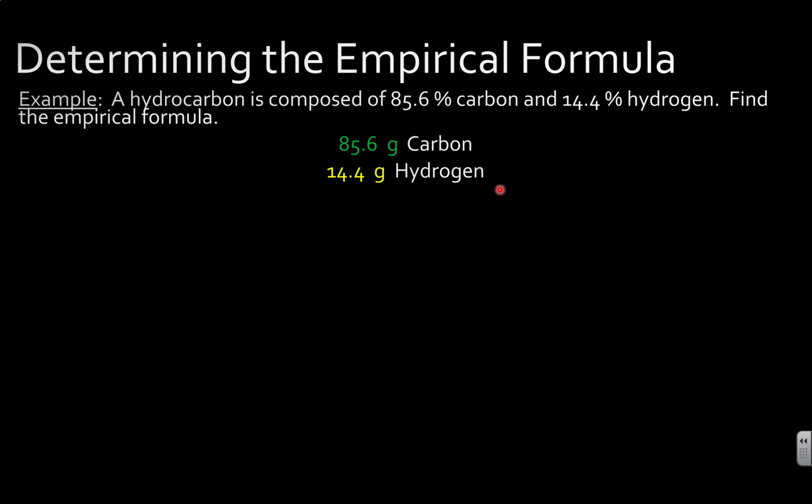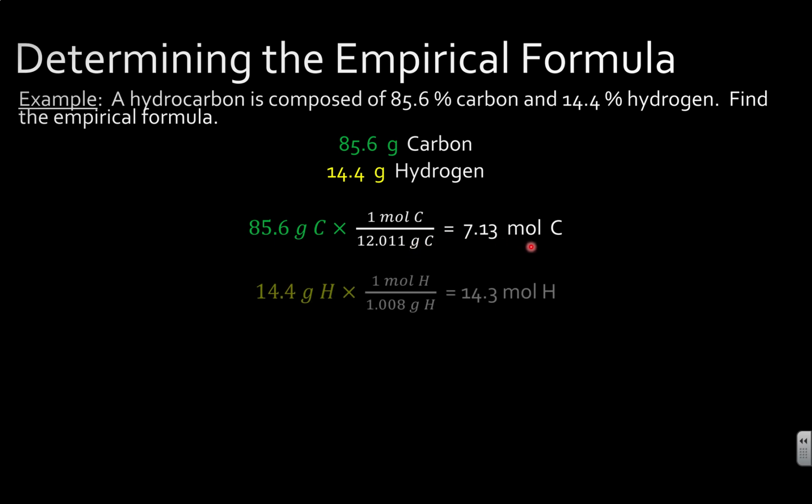See? Now, I'll just take those grams and convert them to moles. So I'll take the grams divided by the molar mass of carbon, and I'll get my number of moles of carbon. And then I'll take my mass of hydrogen divided by the molar mass, which is 1 in this case, and get my number of moles here.